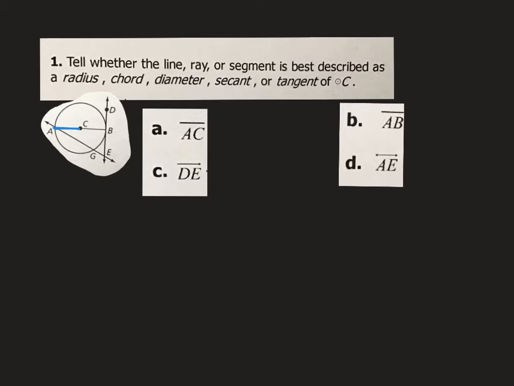It starts at the center, it ends on the circle, so that's going to be a radius. When we look at AB, we're going from one part of a circle to another point on a circle, and it's going through the center. So that's going to be a diameter.